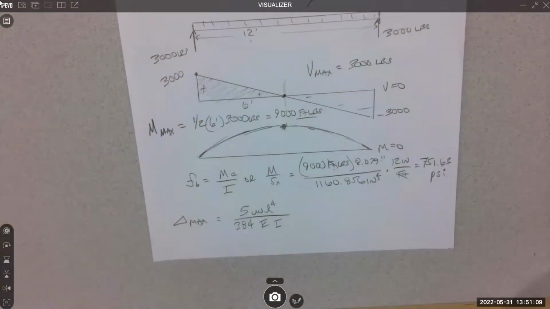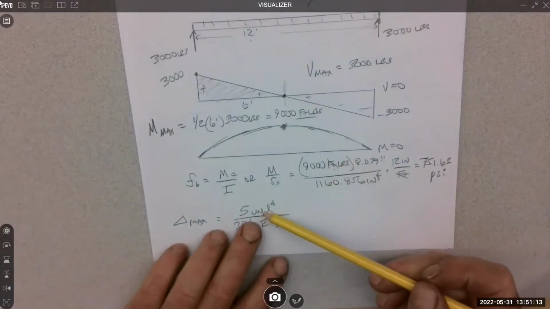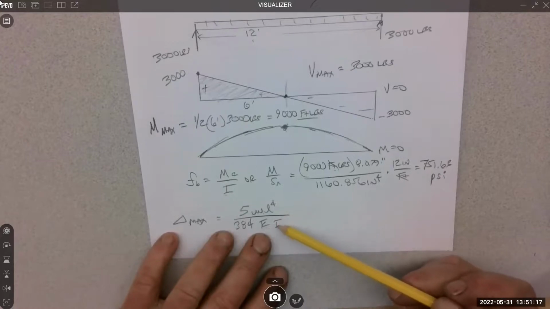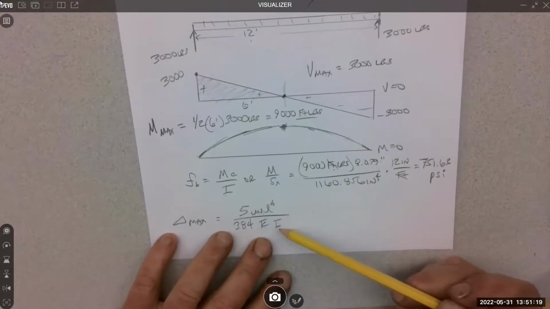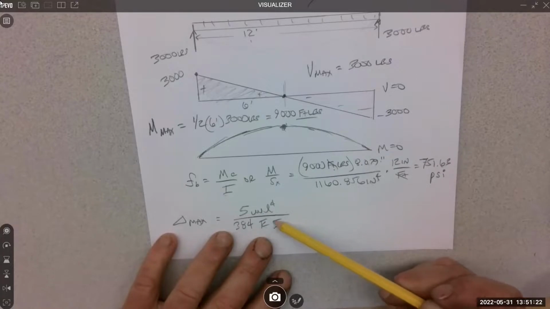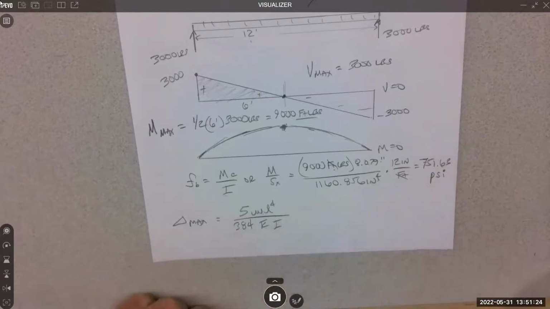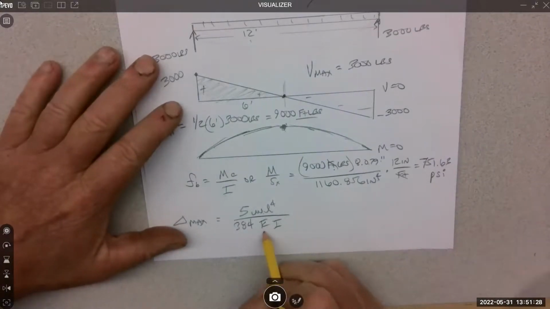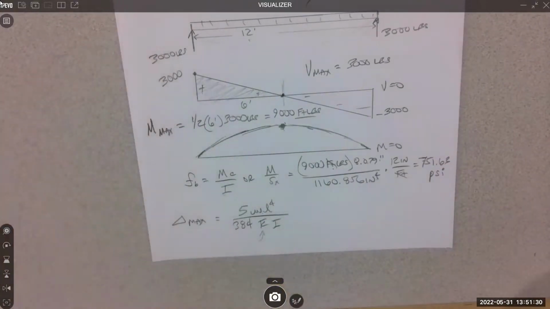So that's the deflection of this beam. And it's based on the load, that's this W part, and the information about the cross section, which is I. So that's how that area information comes in, in the I inertia category. And then E would be modulus of elasticity. It's what the material is. So that's Doug fir, because we called it Doug fir.